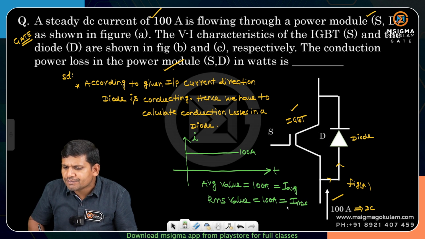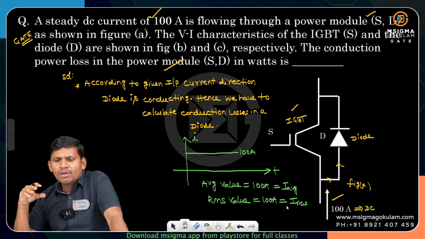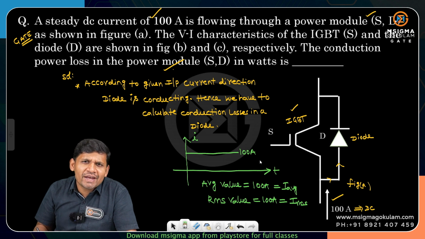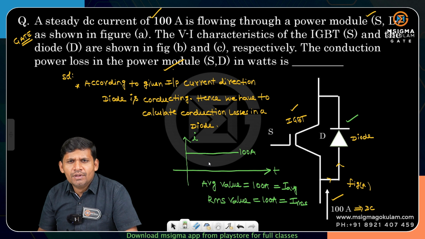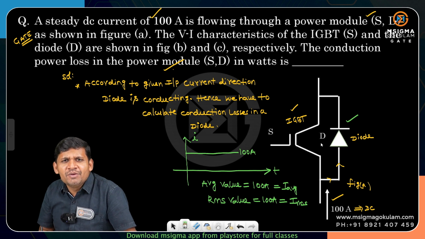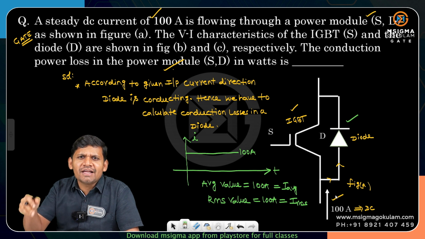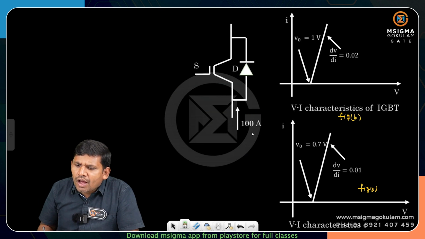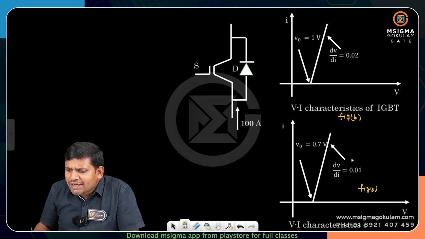Now the question is, you have to calculate the power loss. To calculate the power loss, first you have to know the modeling. Which device are we calculating? Diode. You have to know the diode modeling. Sir, why are you not calculating IGBT losses? According to the given current direction, the diode is conducting, that's why only that device offers the conduction losses. Now, using the diode characteristics, we calculate the diode modeling.